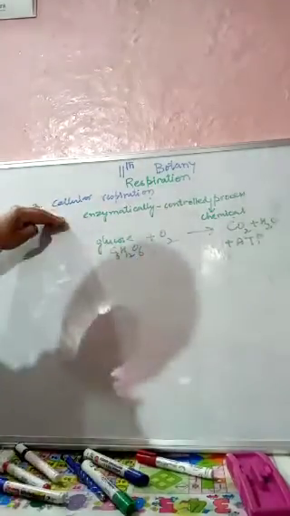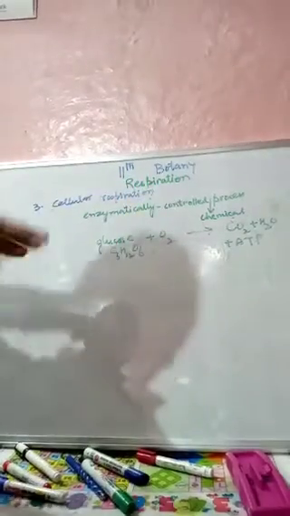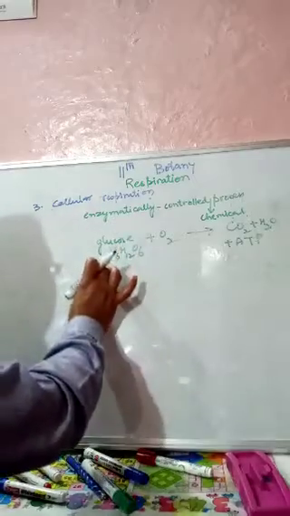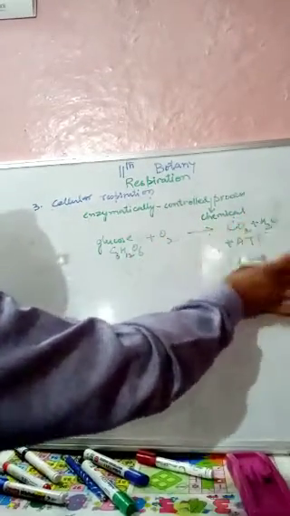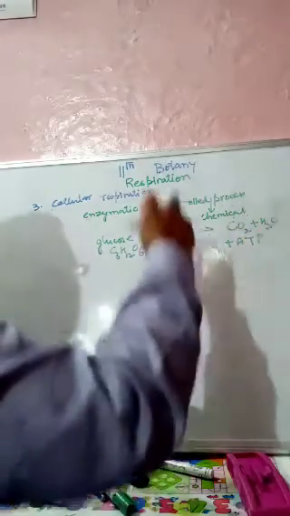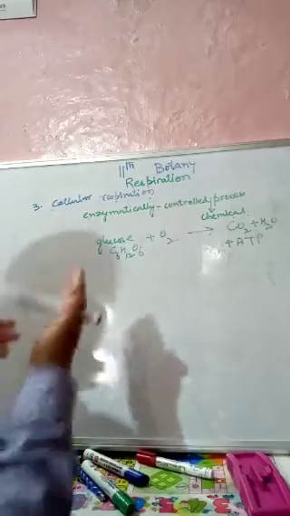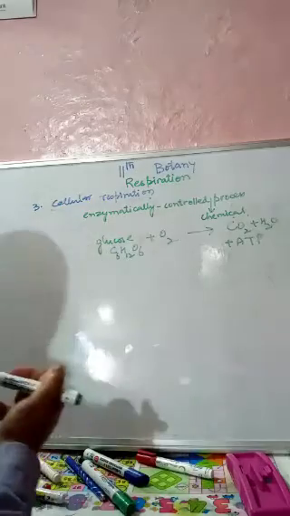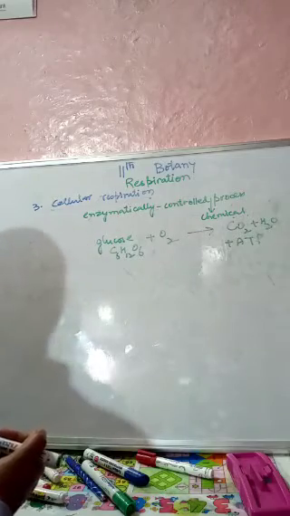So cellular respiration is an enzymatically controlled chemical process in which the glucose molecule is oxidized to produce the simpler substances, carbon dioxide and water. The whole process takes place inside the mitochondria to produce the energy-rich molecule, that is the ATP molecule.